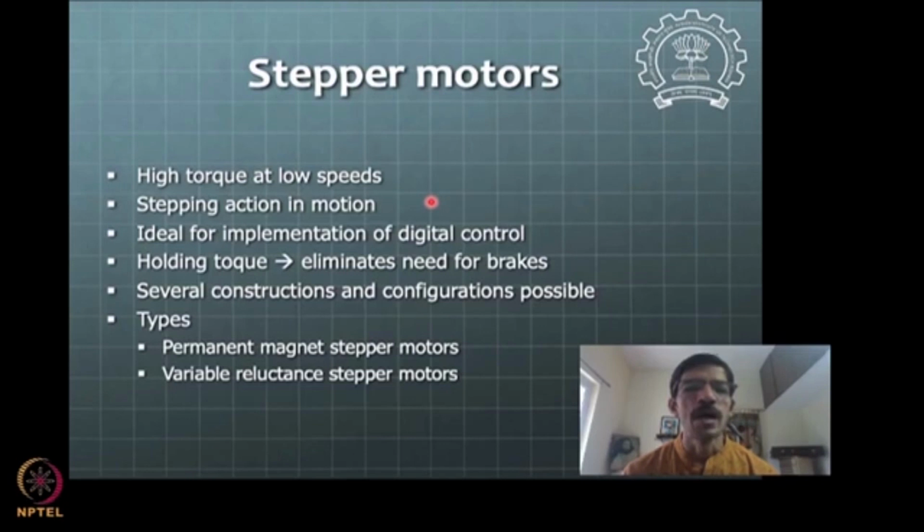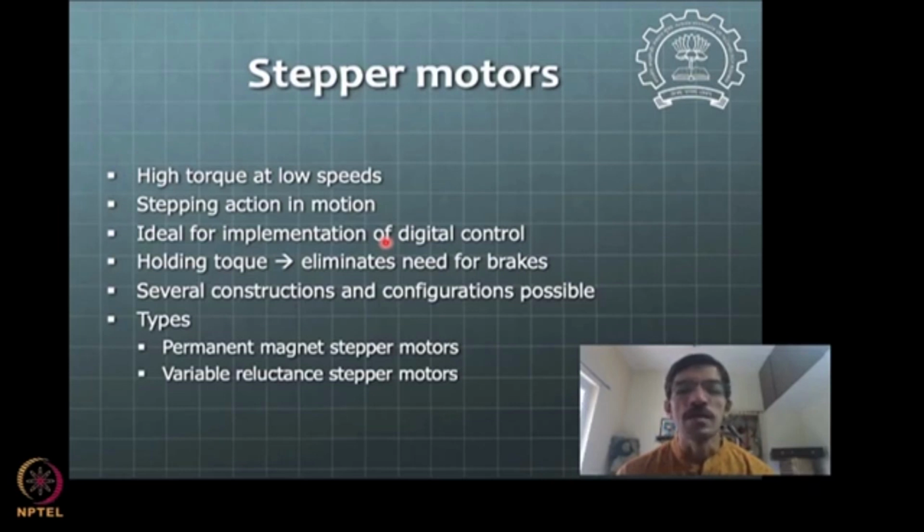Then stepper motors are another popular kind of actuator for mechatronic systems. We'll see some of the applications soon. They are used in places where you don't need a sensor. You can rely on the steps, making sure that the steps are not missed in the drive based on the capacity. So you choose a motor of a capacity such that the steps would not be missed, and you simply give so many steps, and the application will run smoothly.